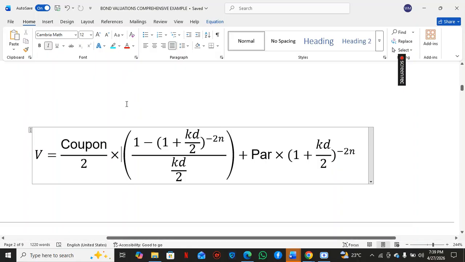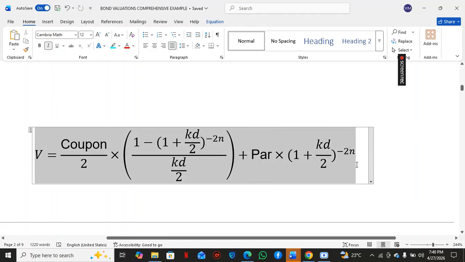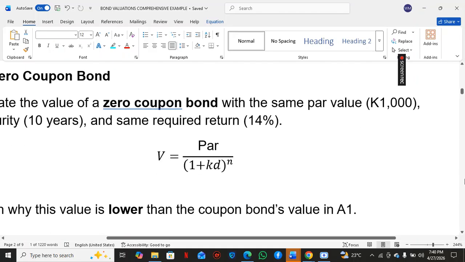This is the trick that you shouldn't forget. When it's semi-annual payments, the rates divide by two and the time multiplied by two. Okay, colleagues? The rates divide by two and the time multiplied by two. So we're now going to calculate the value of the bond using this new formula.